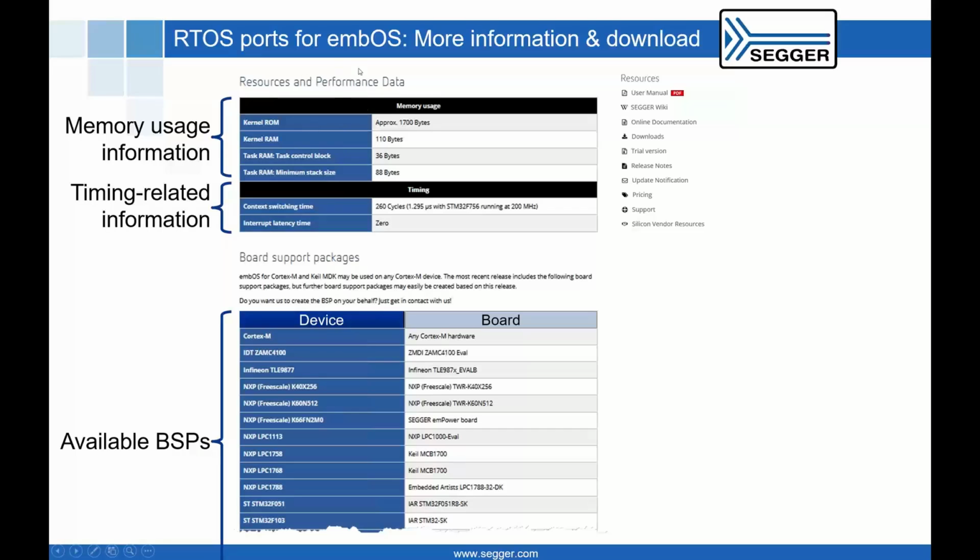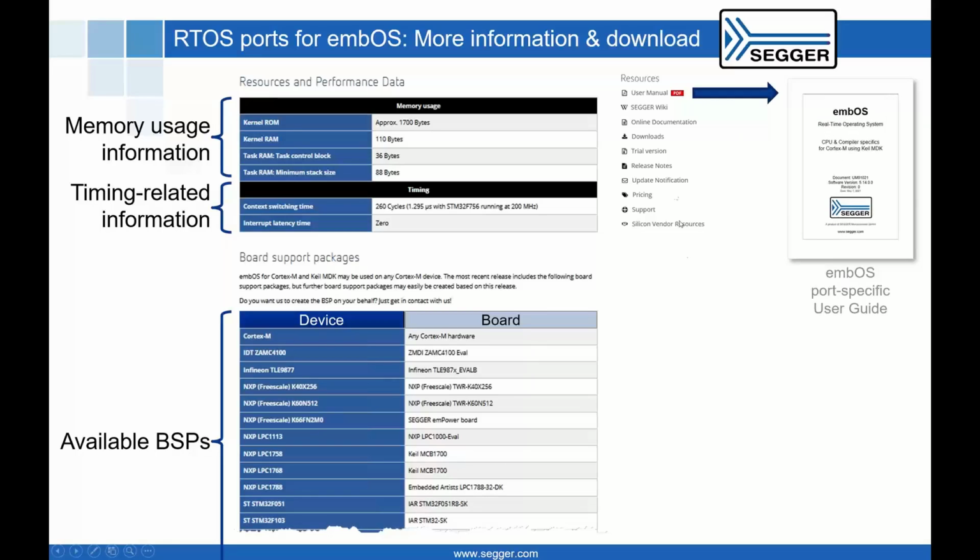Remember, this port takes care of the compiler and the core, and then inside there are BSPs specifically for the device and specifically for the board that you're going to be using. You will also find a port-specific user guide. So not only do we have an overall MBOS manual, we also have, for every one of those ports, a specific user manual to help you get started with your particular system.